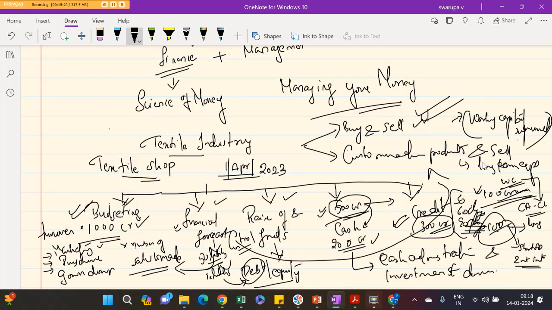Suppose my purchaser, the wholesaler from whom I am purchasing the textile, is giving me a 30 days credit. So this 300 crores worth of product I have got on a 30-day credit. Now if I make sales for 60 days credit, what will happen?